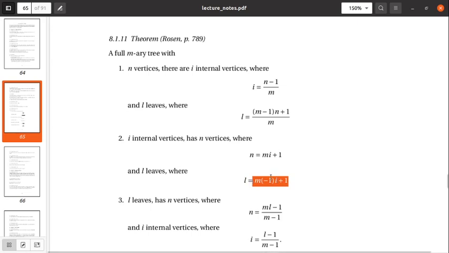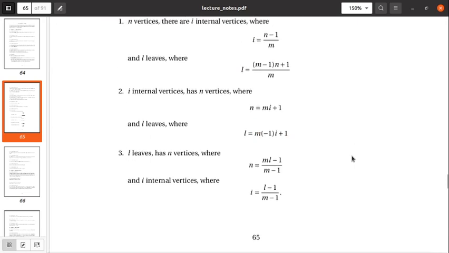I'm not convinced this is correct, right? We already have this formula up here. I'll have to see what happened there. But this is almost certainly incorrect. The m should be inside here. And I equals n minus 1 divided by m.